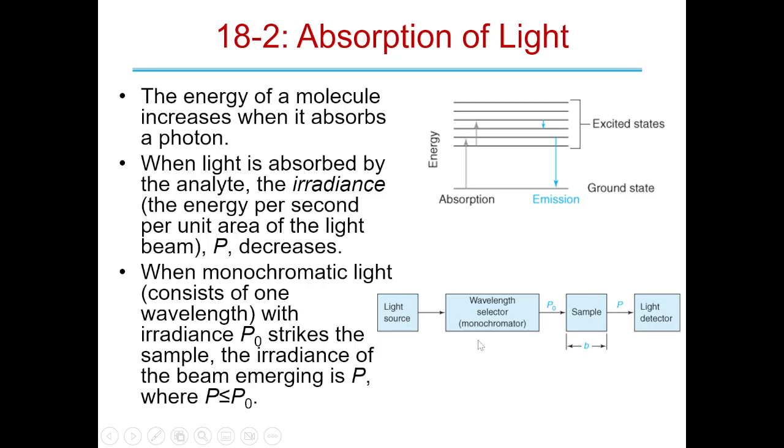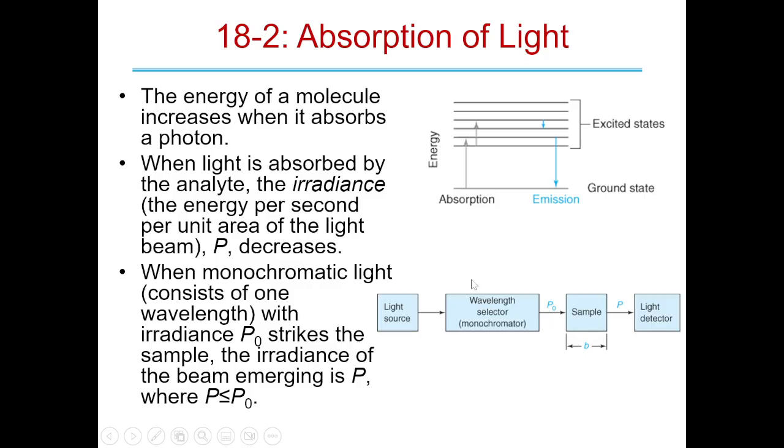Okay, so this is the basic setup of all spectrometers. You have a light source, a source of your irradiance. You have some sort of wavelength selector. This can be referred to as a monochromator. This is where you would measure P0, after the wavelength selector.